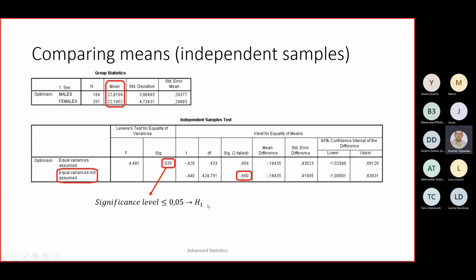But the alternative hypothesis means that the two variances are not equal. Since they are not equal, that means that we cannot assume equal variances. So the right row is equal variances not assumed.